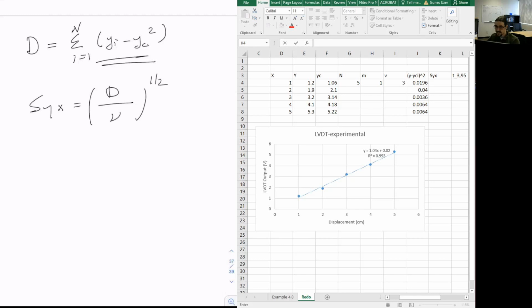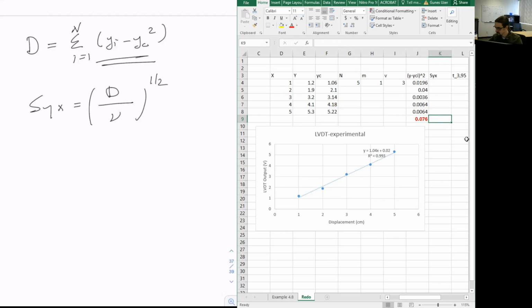So in that case, let's calculate our D first. Our D is the sum of all these. I will make a different color so that it shows up.